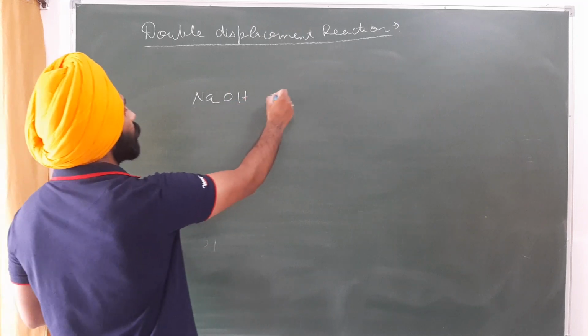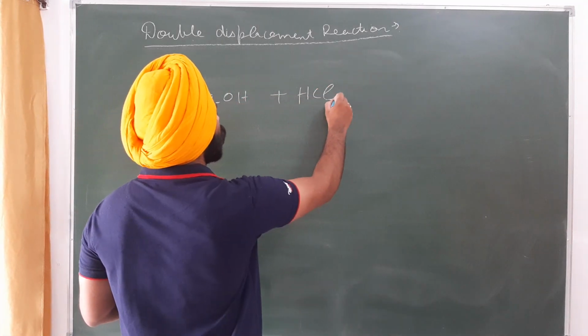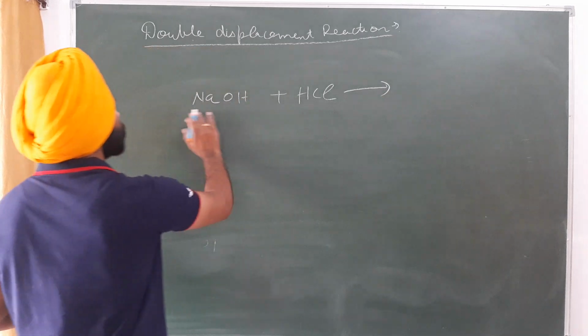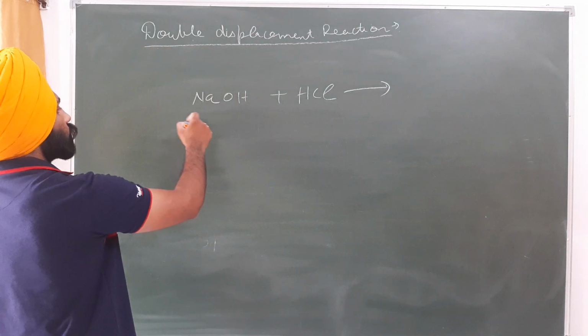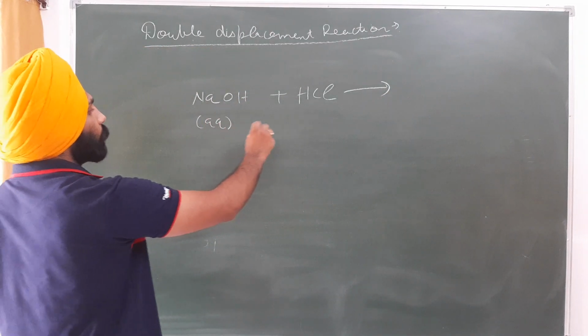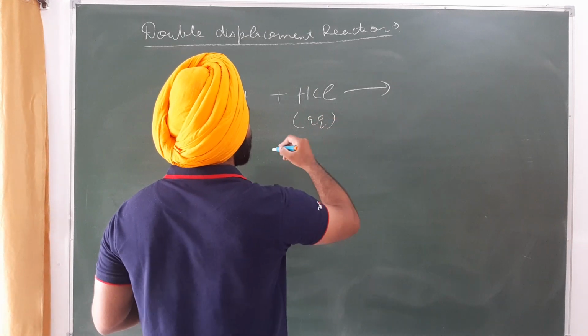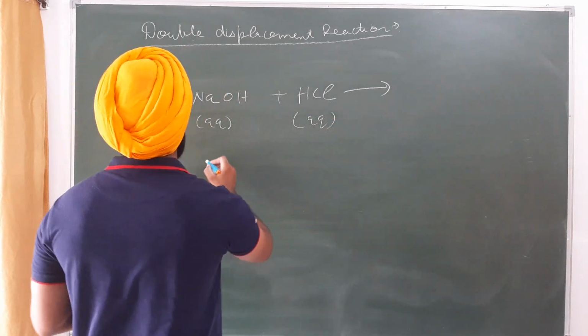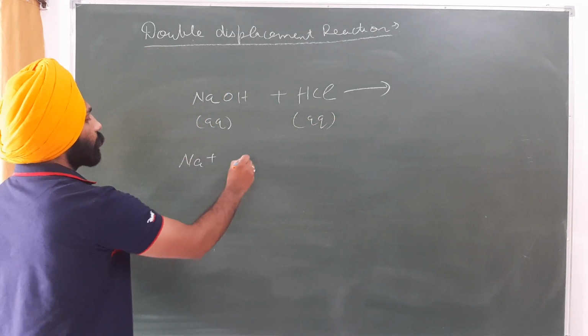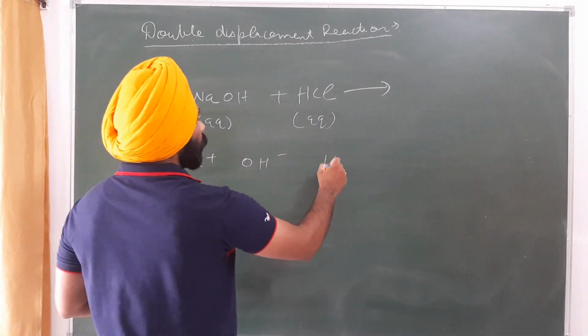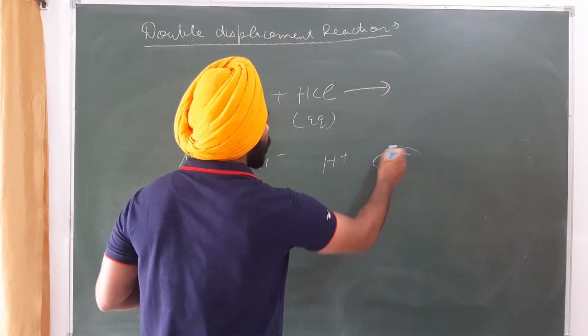Sodium hydroxide and hydrogen chloride, that is hydrochloric acid. Sodium hydroxide is in aqueous form and hydrochloric acid, obviously, is in aqueous form. So the product will be Na positive, OH negative, H positive and Cl negative.